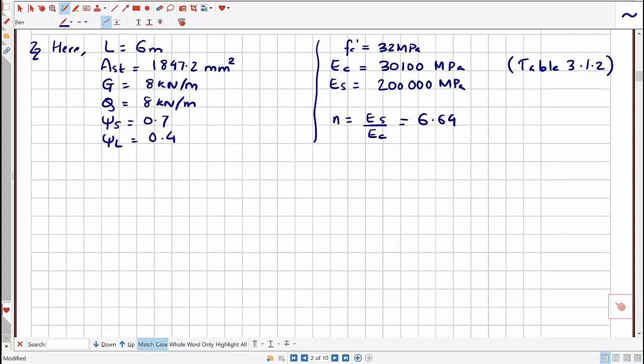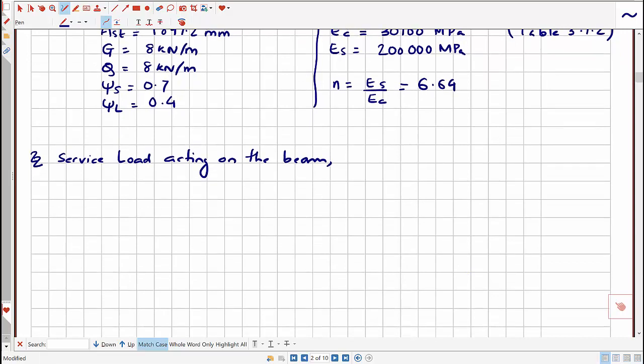Now first let's find the serviceability load. So to find the service load acting on the beam, first let's find the short one, that applies instantaneous, or for the short time only. So for the short term we use G plus psi_s Q. Now please remember here that for the serviceability limit state, we don't have to use the load combination 1.2G plus 1.5Q, because that one is for the ultimate limit state only.